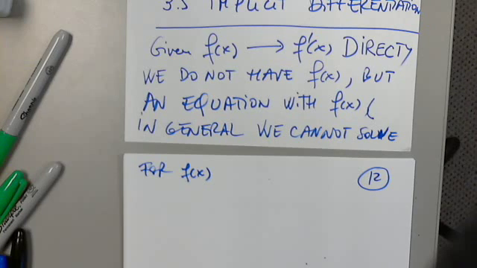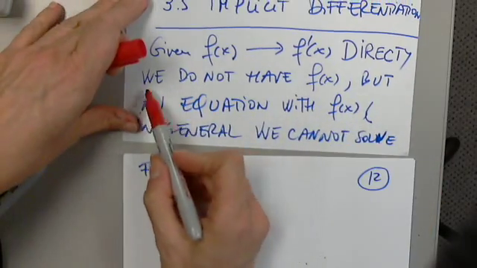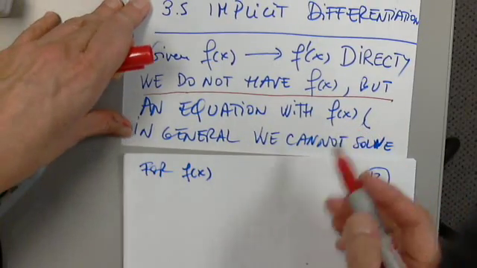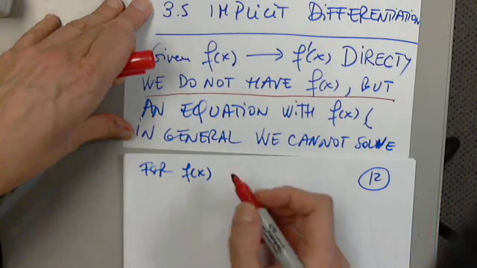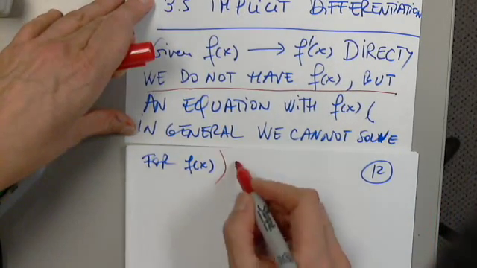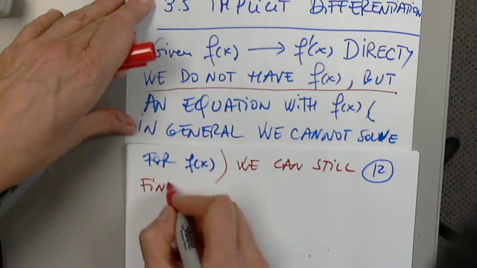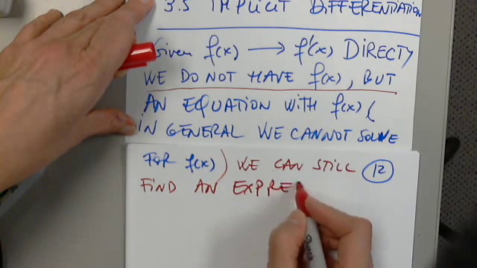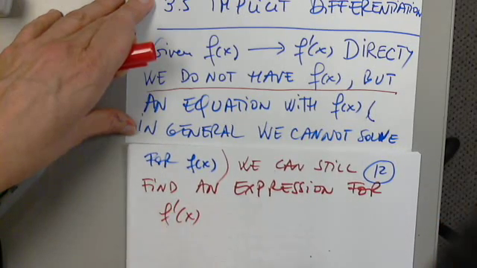We can still determine f prime, although we don't have it. So even in this situation, when we do not have f of x, but an equation with f of x, we can still find an expression for f prime of x.